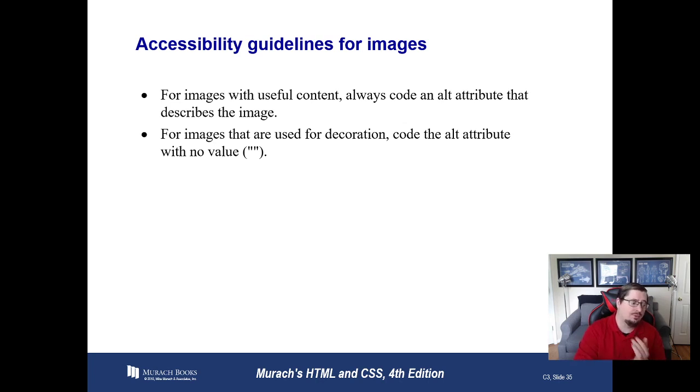Because the alt will be used in one or both of two ways. If the image cannot be found, if the image is lost or missing, that alt text will be shown in place of the image. And it will be used by screen readers, for people that are hard of seeing, so that they have some idea of what's there.